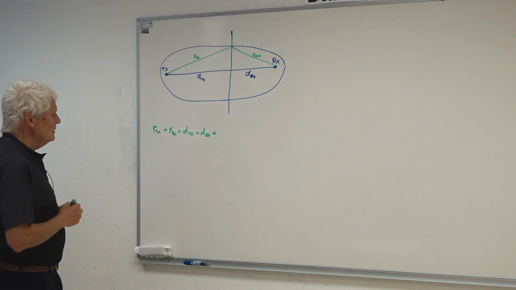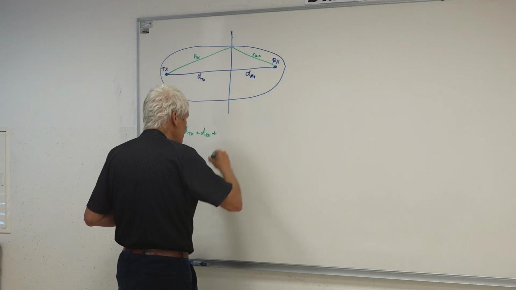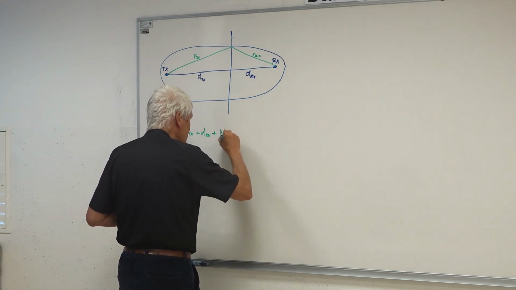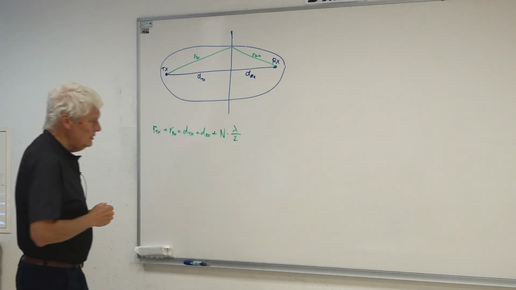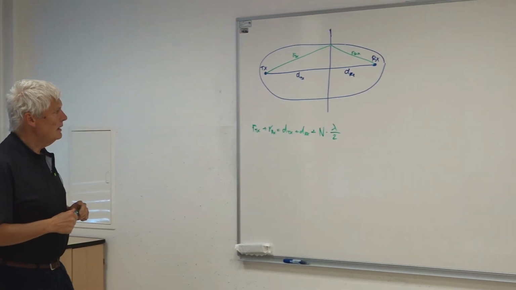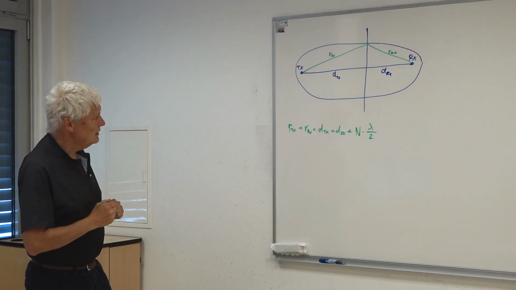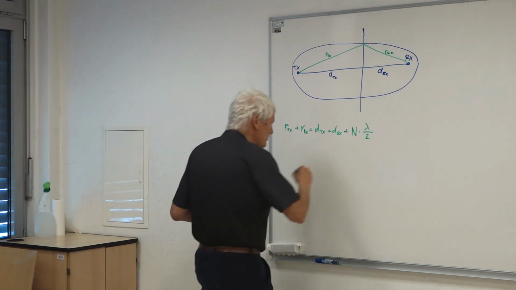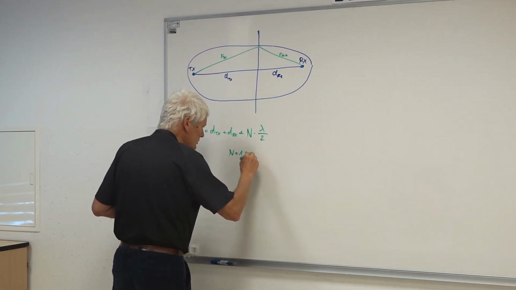And for our purpose, it made sense to take here an integer n times lambda half. And we called these ellipsoids the Fresnel ellipsoids of the order n, where n is an integer. n is 1, 2, 3, and so on.